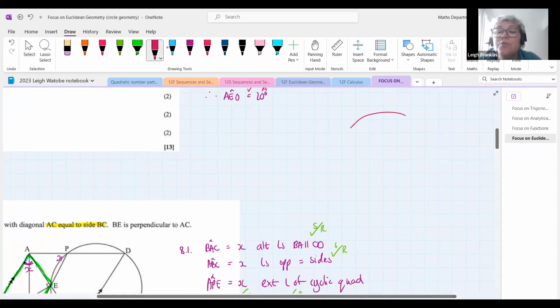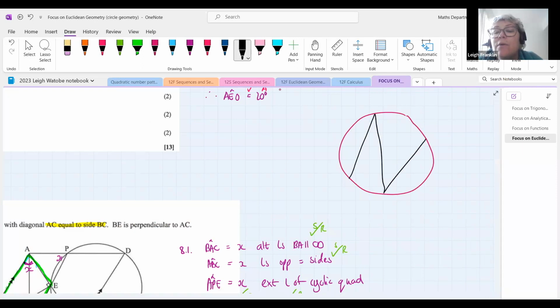So if this is your circle, sorry, terrible circle, and you have a bow tie on the inside. Okay, there's your bow tie. So angles in the same segment. This one here with a black circle and that one there with a black circle, those are equal, because they are subtended by the same arc.